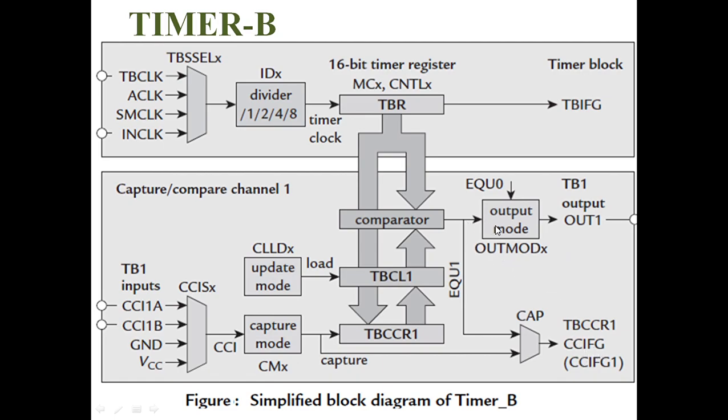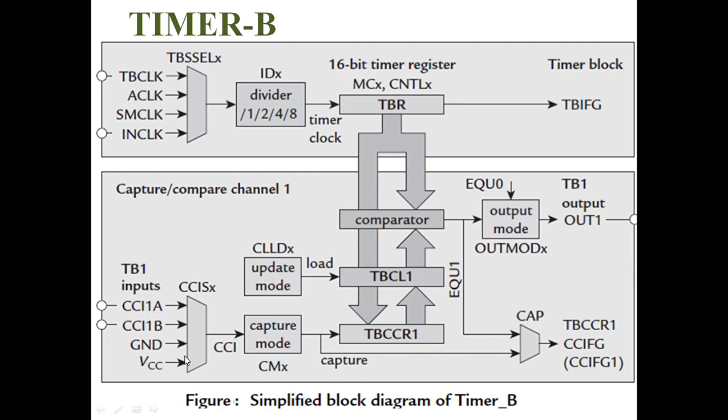At the same time, it generates the output signals to the different devices for operating them, which provides the timing reference to the different devices. In the capture and compare mode, by giving one, this will be activated. It also selects the particular input: capture compare input 1A, 1B, ground, VCC.